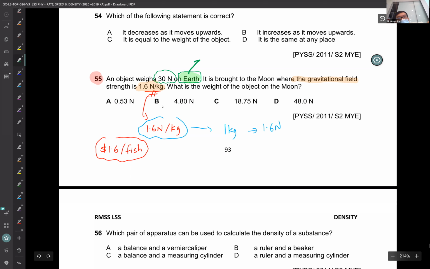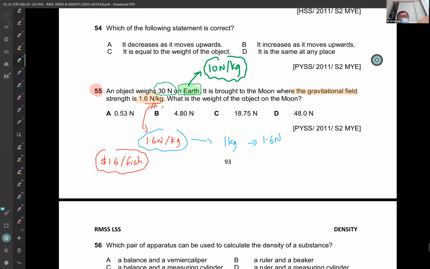I think it's good to know that on Earth, the value is 10. I mentioned this before when I taught you how to convert mass into weight. Remember the lesson when I said times 10? Times 10 because this is the effect of gravity on Earth. So you're supposed to remember this value and use it to find out the mass first.